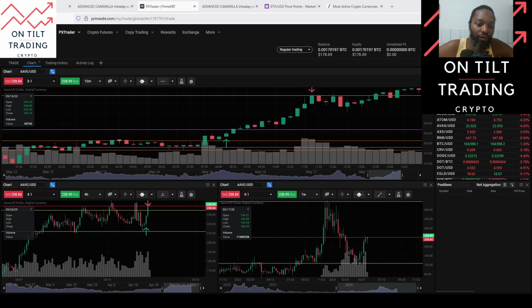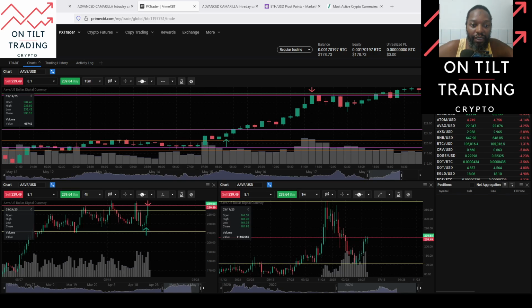What I'm looking for here is either a pullback to an order block at a support level, which the way I see it could potentially be an order block here for a pullback with support at this S4 level, or, with this breakout, an order block put in at a support level at the upper end of the range.